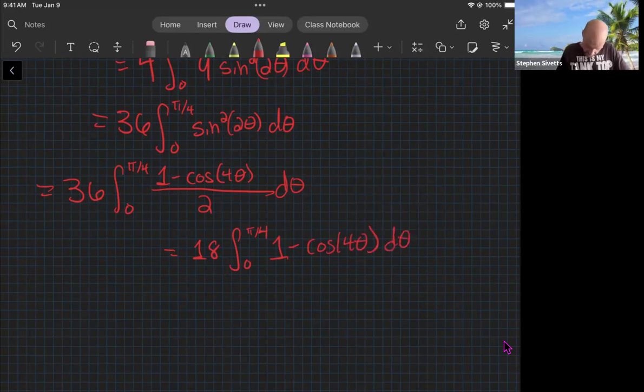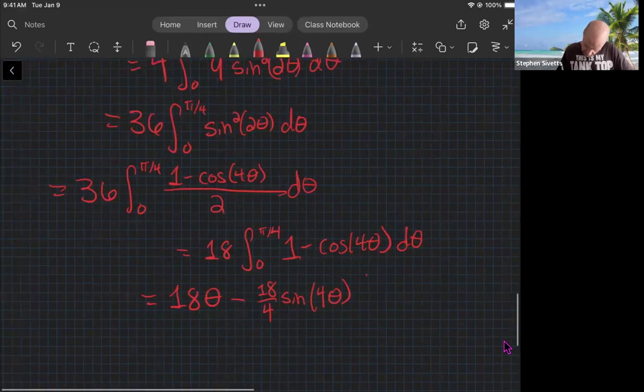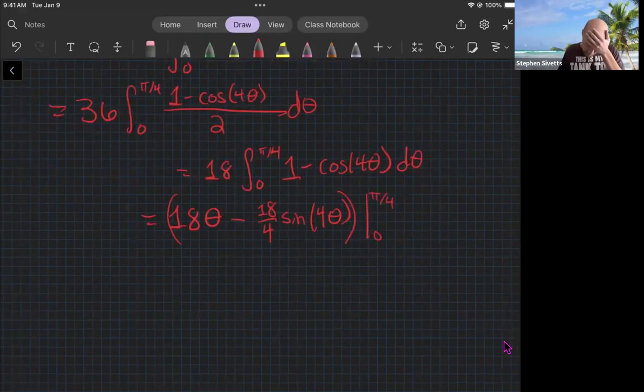Now here comes the integration. This equals 18 times theta minus 18/4 sine of 4 theta, evaluated from 0 to pi over 4.